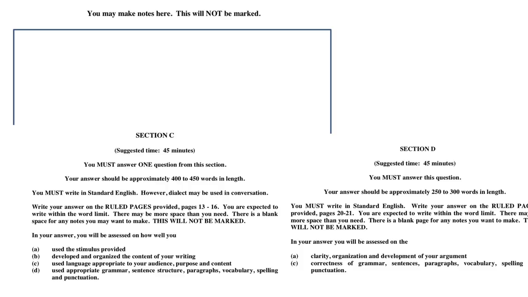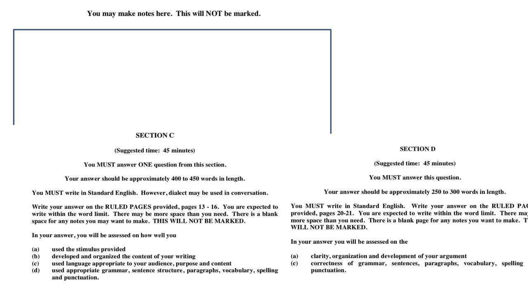You have to be marked on English, of course, your use of language, your appropriate grammar, sentence construction, like every other aspect of the exam. But particularly, you have to use the stimulus material given to you. So if the story is about the picture, then it's about the picture. It must include some aspects of that picture as you write it. If you have to include a sentence, you have to include that sentence, right?